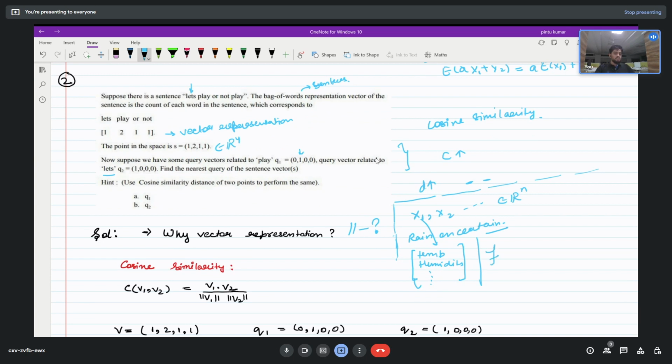Then you try to find a function f that can give you an accurate y, that is the amount of rain that would happen. So this is a very generic model that most machine learning algorithms follow. So this f is taking vectors as input.